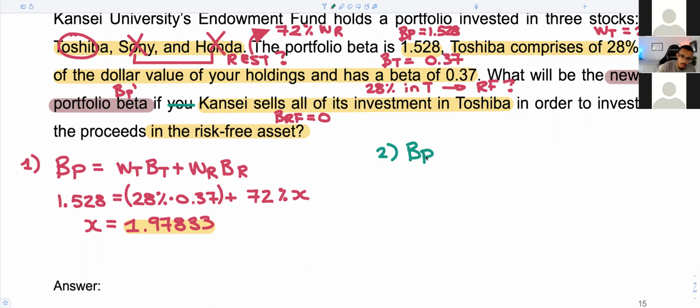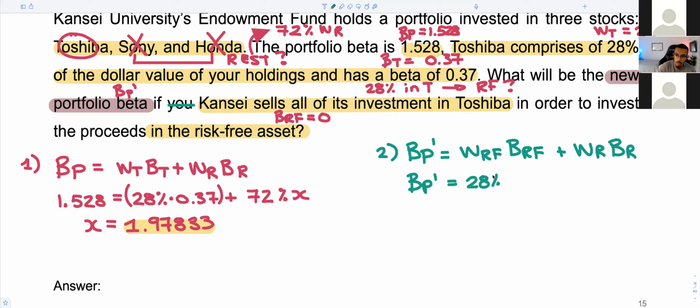It's going to be the weight of RF times the beta of RF, plus the weight of what's remaining of our portfolio times the beta of what's remaining, such that beta prime will be essentially 28% times 0, plus the weight of what's left, which is 72%, times 1.97833. So what is the beta of our portfolio now?